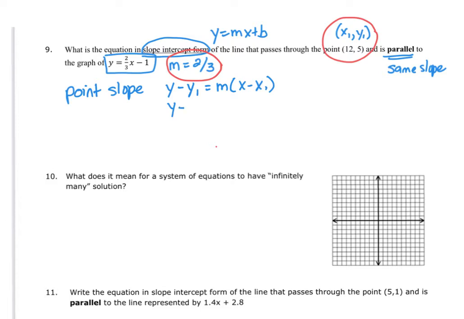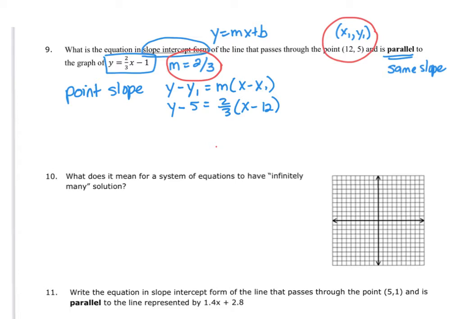So my y value is 5, y - 5 = my slope 2/3, and then x - my x value, which is 12. I want slope-intercept form, y = mx + b, but when I'm given a point and a slope, it's often easier just to put it in point-slope form and then convert it back to slope-intercept form by solving for y. You should be familiar with this.